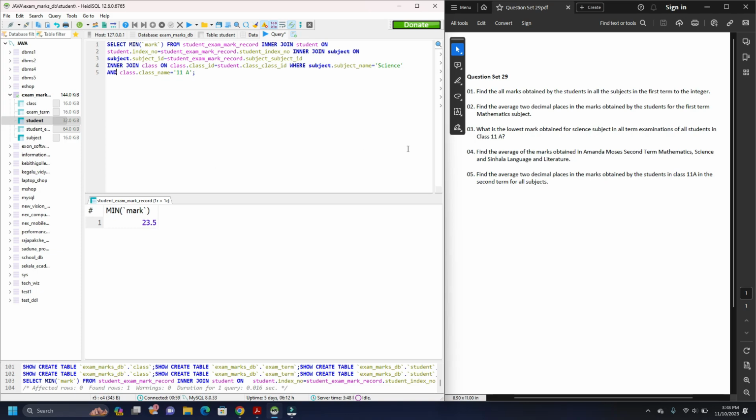And on to the fourth question, find the average of marks obtained by Amanda Moses in second term mathematics, science, and single language and literature.